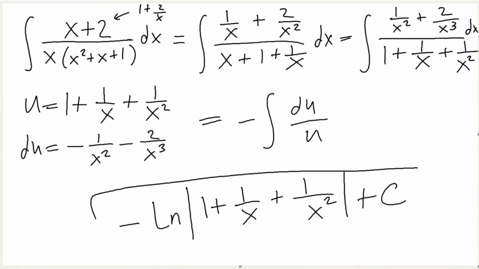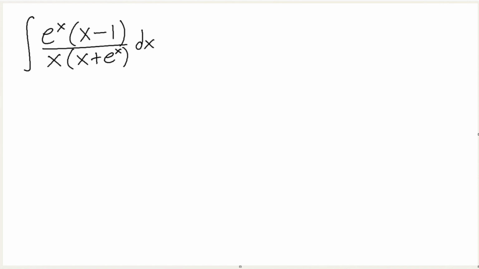Oh god, it has a mixture of x's and e to the x's. So, of course, this has to be dealing with Undertow here. So, let's go ahead. I want to simplify this.